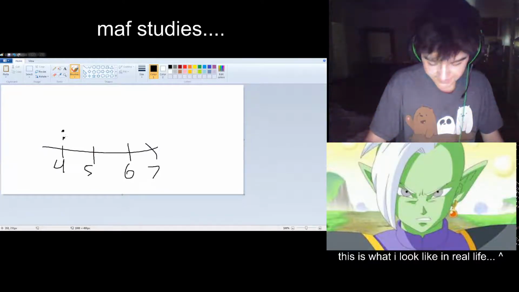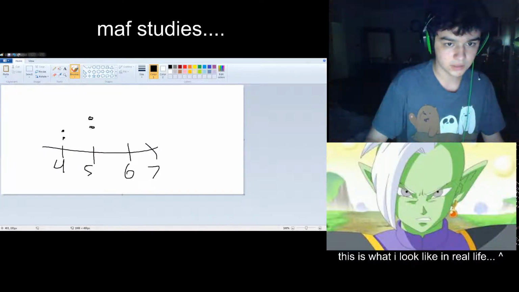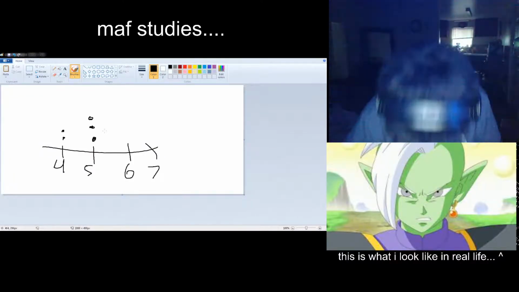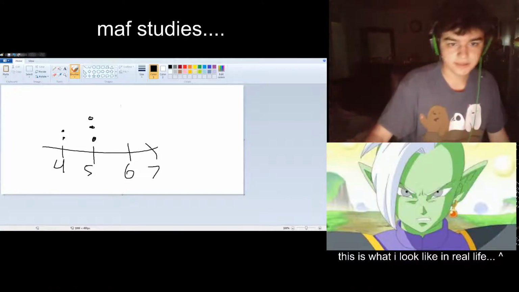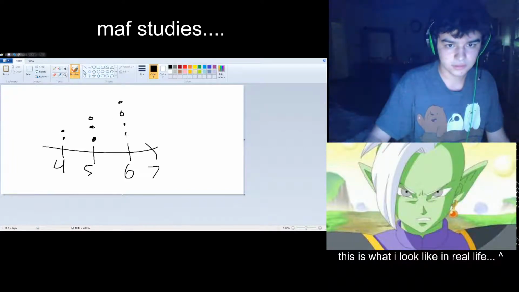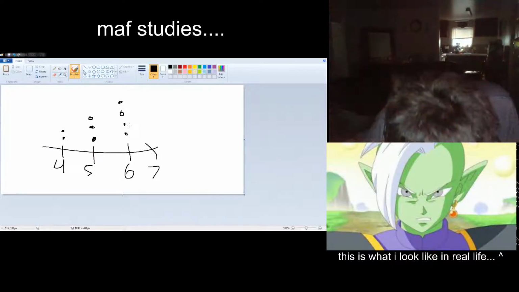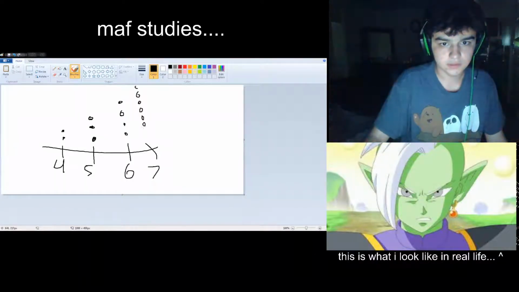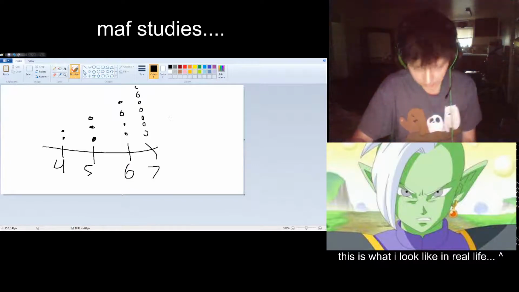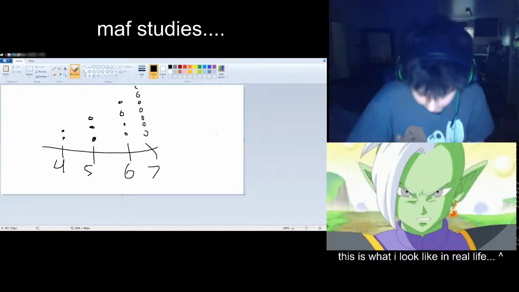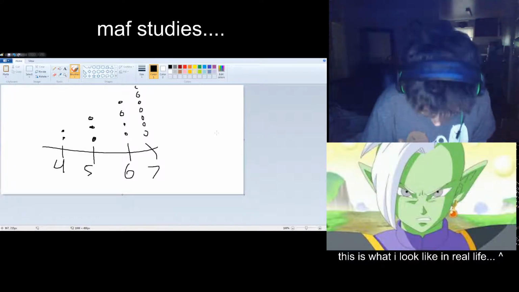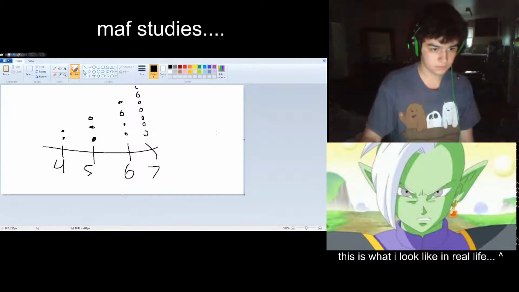I guess I have an idea of what the answer could be, but I don't really know. One, two, three, four, five, six, seven. So, our options are skewed left, uniform, symmetrical, and skewed right.